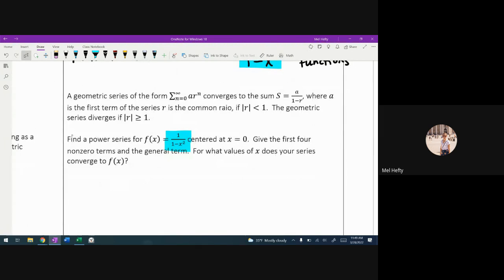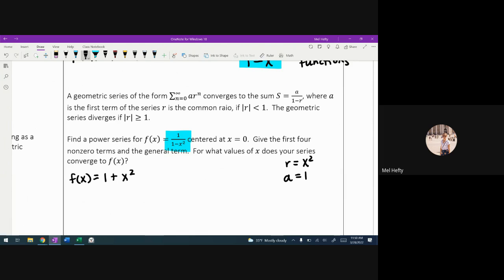All right, so let's write down f of x. What would our a be for our geometric series? Our first term, 1. So what is our first term? 1. What would the next term be if r is x squared?